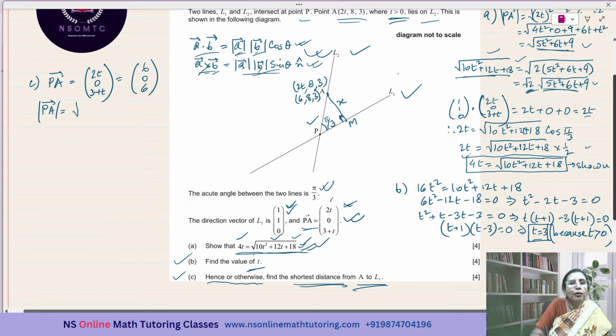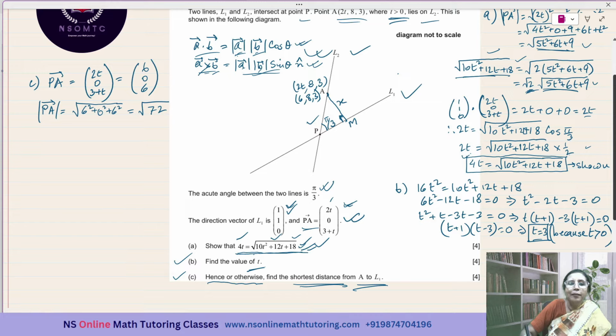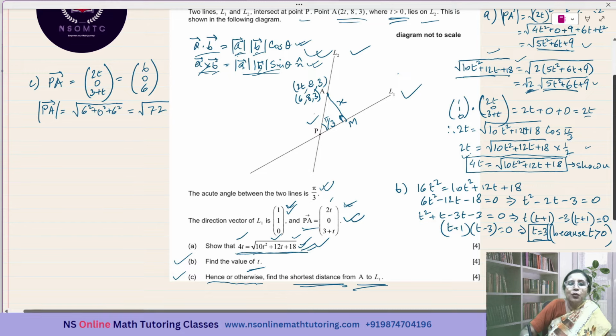It is equal to root of 6 square plus 0 square plus 6 square, that is 36 plus 36, which is 72, root 72. Okay. So for this triangle APN, this is root 72 units, the hypotenuse.